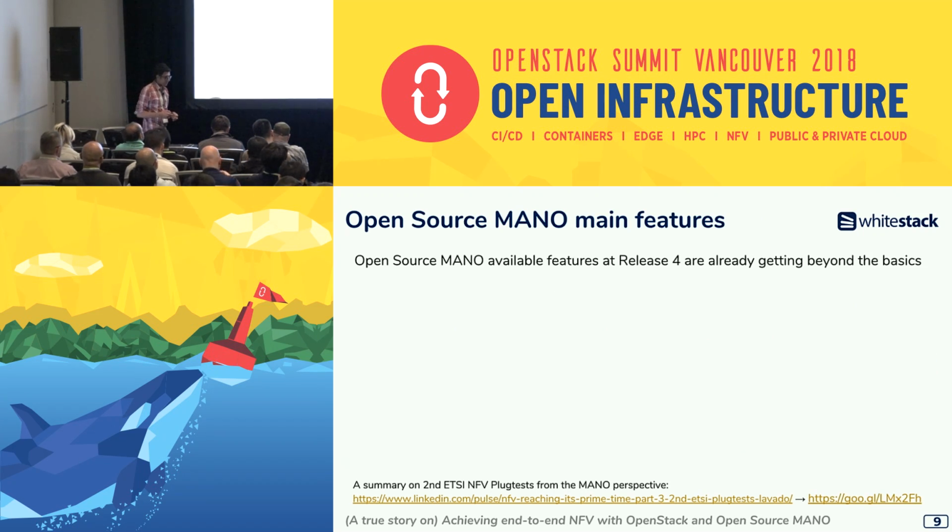About open source MANO, it also has very interesting features, and it's already going beyond the basics. So, of course, we can do network services lifecycle management with open source MANO.